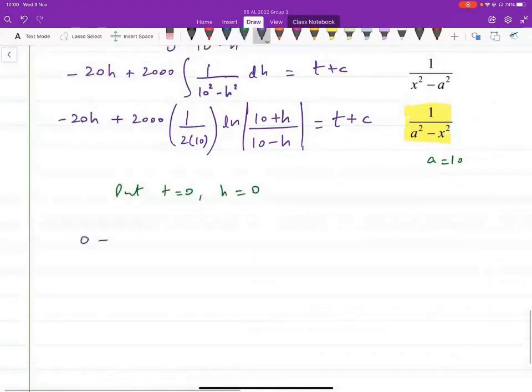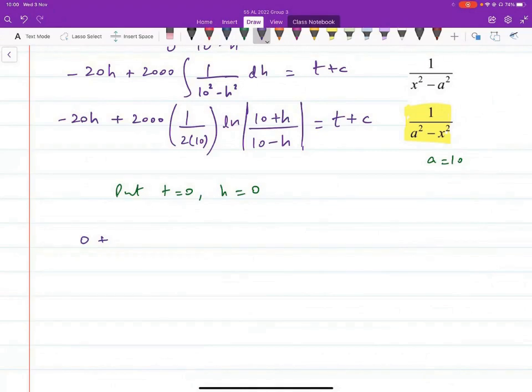We have 0 plus 2000 over 20, which is 100. Zero plus 100 into ln of 10 over 10 minus 0, which is just 1.